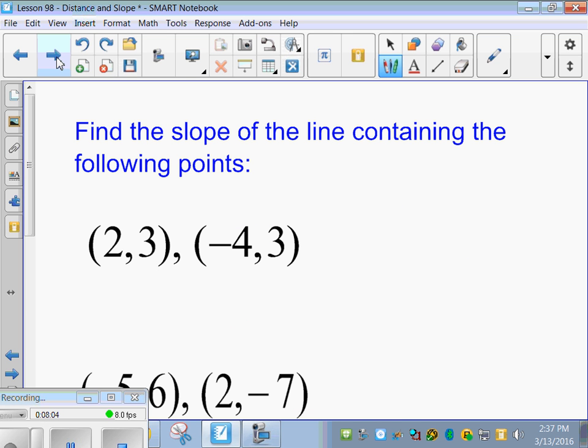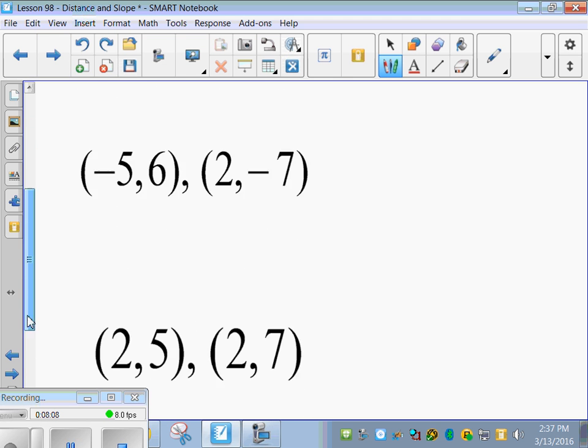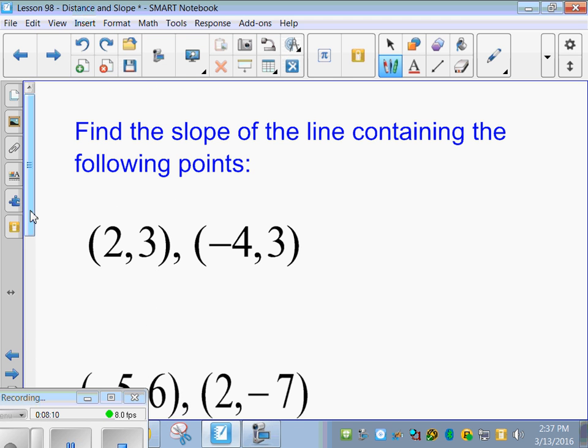All right, so let's find the slope containing the following points. This one just kind of has a couple things that happen differently. So let's see what happens when we do these. So we're going to take the second y minus the first y over the second x minus the first x.